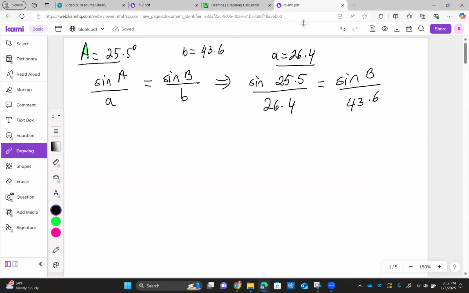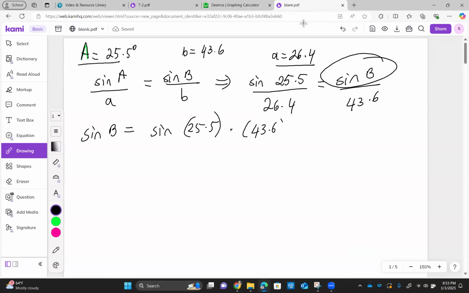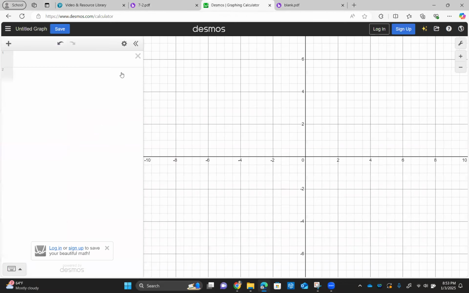When we cross multiply, we're not going to find the angle B, we're going to find the sine of angle B. So sine of angle B will be equal to sine of 25.5 times 43.6 all over 26.4.